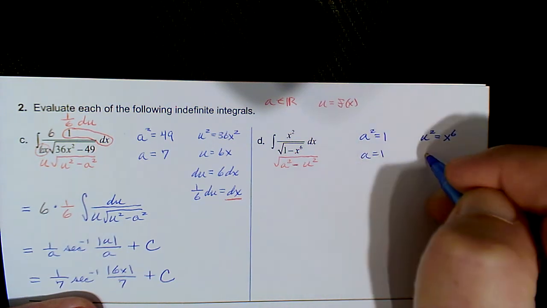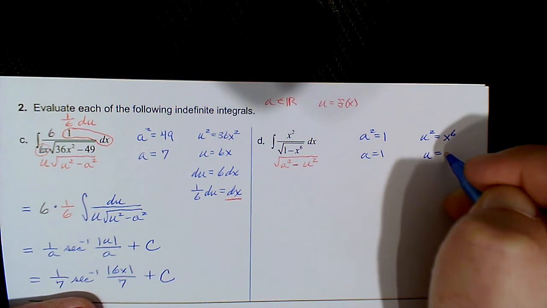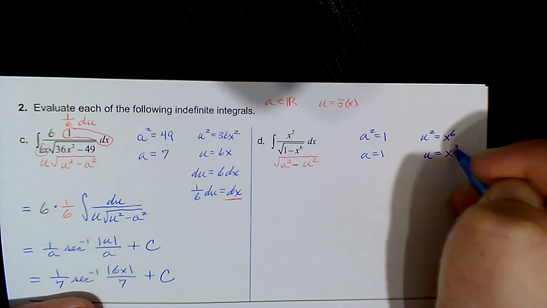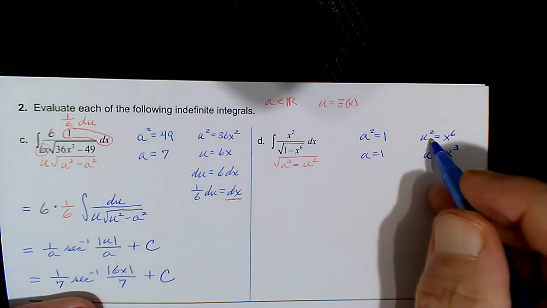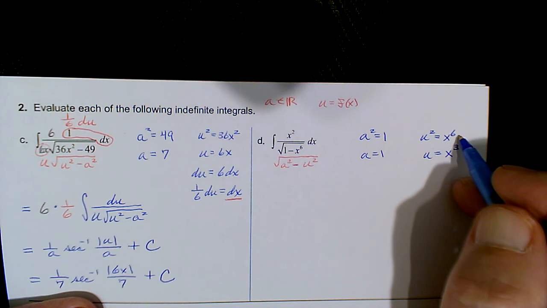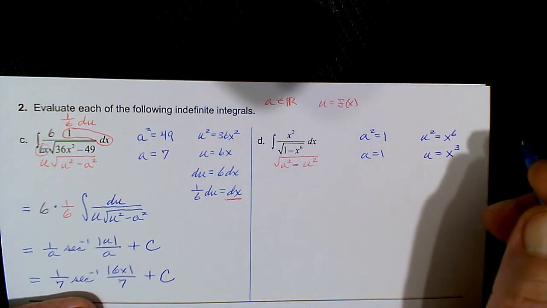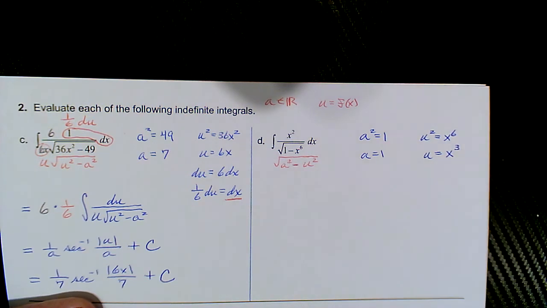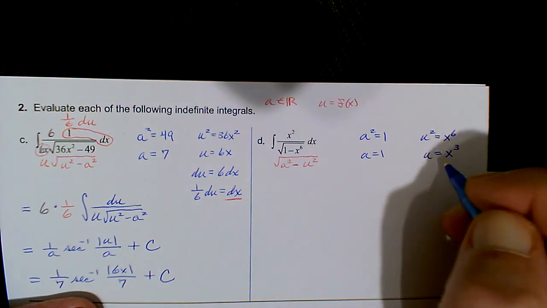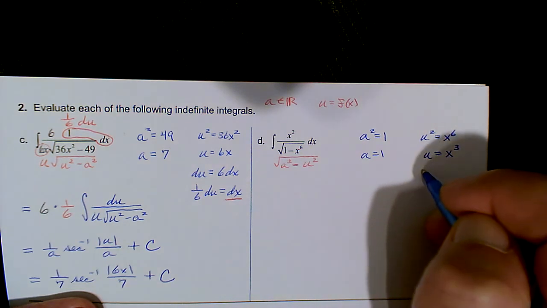Okay, that means a is 1. If u squared is x to the 6th, u is just x cubed. Remember, the easy trick is just divide the exponent by 2, because you're really raising to the 1/2 power and then multiplying exponents. If you multiply by 1/2, that's the same as dividing by 2.